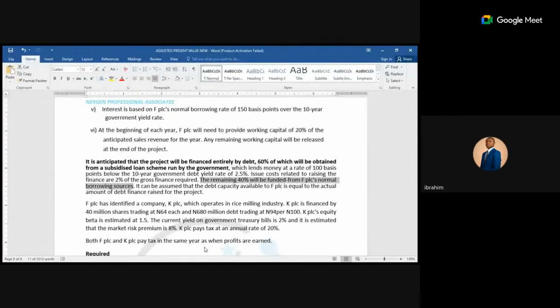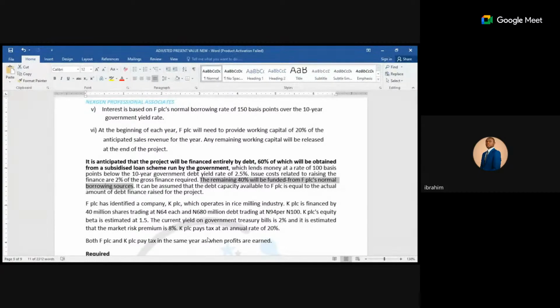If you subsidize for 60%, the remaining 40% is normal, everybody will go to the bank and borrow. I always like to analyze the question so that when we start solving, it will make it easy.